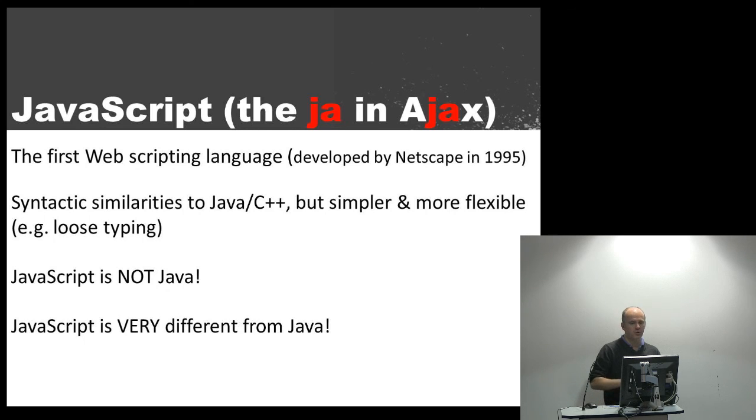When you look at the code, it looks a bit like Java and C++. Okay. On the other hand, it's a simpler version, and it's more flexible. You don't have all these different types of variables that you can have in a full featured language.